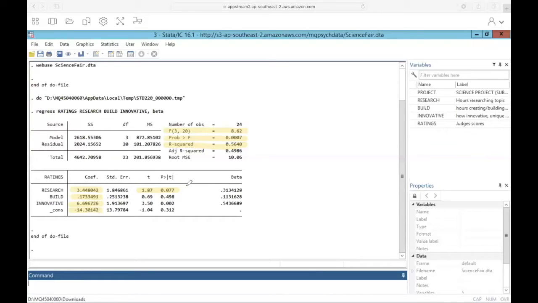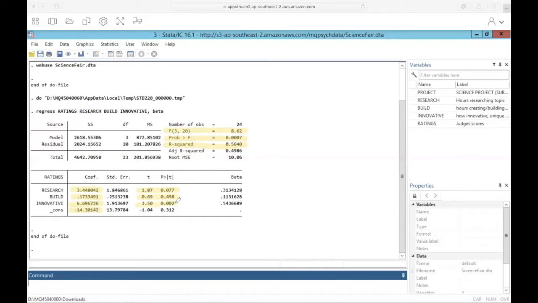And I would guess that it has something to do with multicollinearity here. Remember that hours spent researching and hours spent building are highly correlated. So there's some of this shared variability that's probably mucking up the model itself. Now, unsurprisingly, our t for build is a non-significant predictor. This is unsurprising because it was non-significant last week.